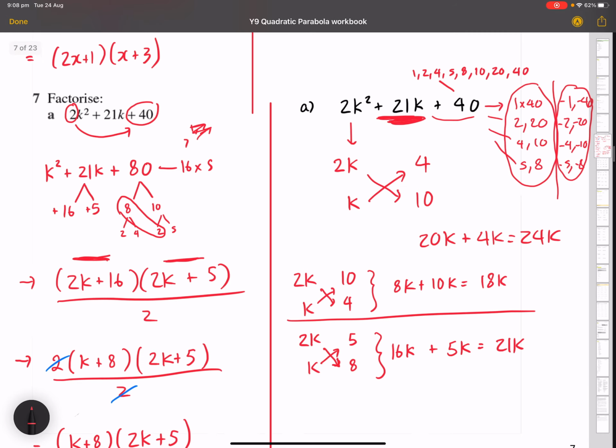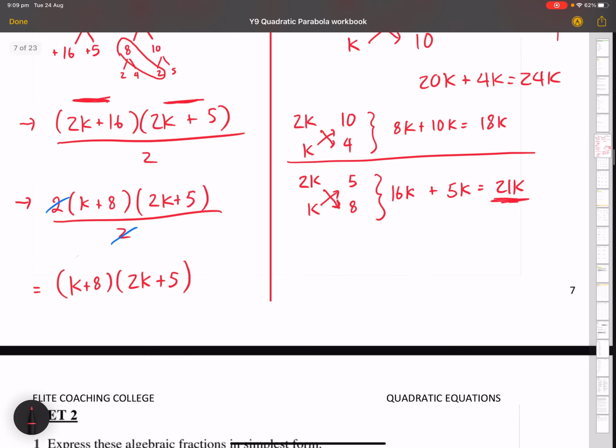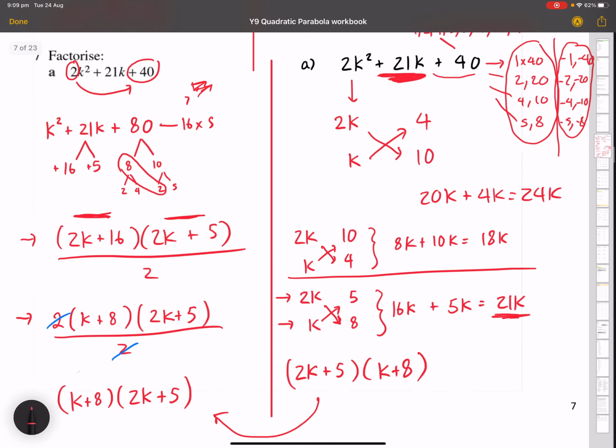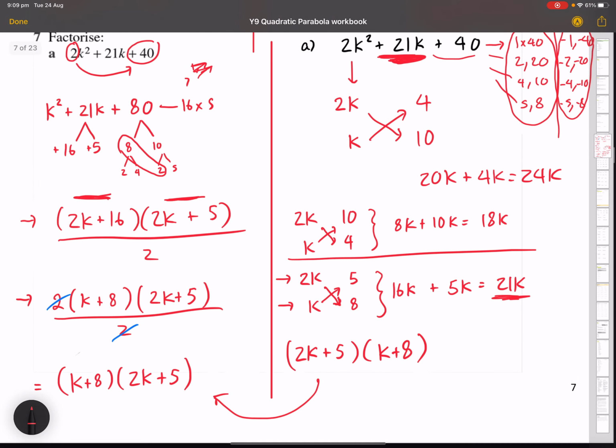We're looking for that middle number to be 21k, and what we got is 21k here. So these are solutions. That means you have 2k plus 5 times k plus 8, which is exactly what I got on this side. But on this side, it looks like my one is a bit neater.